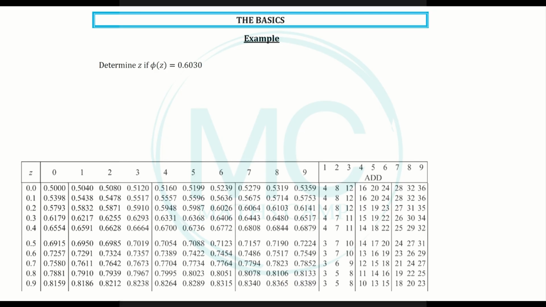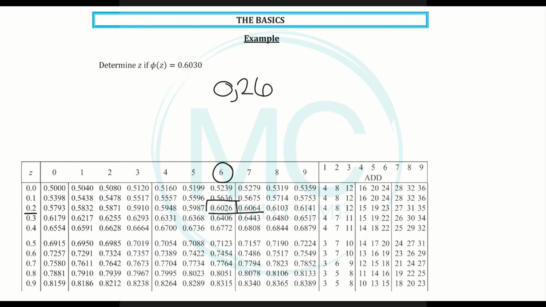Let's take our table. We have 0,6 up here, and it should lie somewhere over here. Use the smaller value, which in this case is 0,6026. It's in the row 0,2, so I can say 0,2, column 6. I can put 0,26, but I don't want 0,6026.